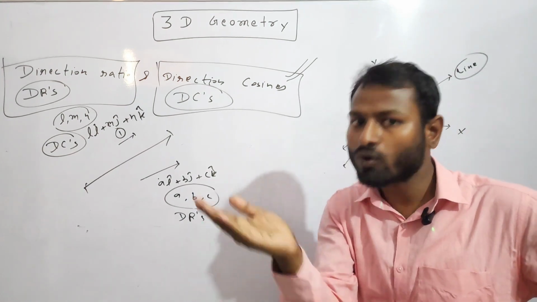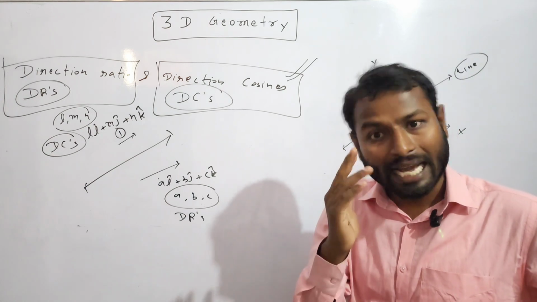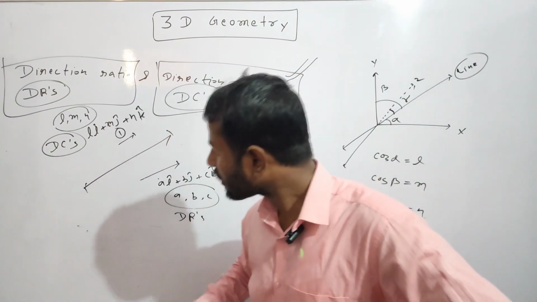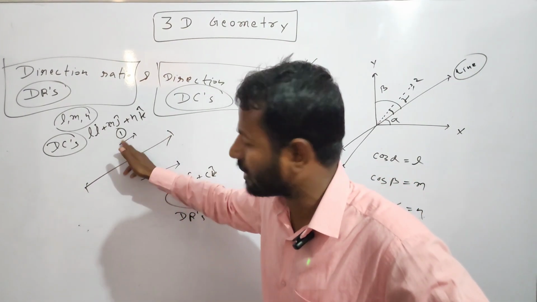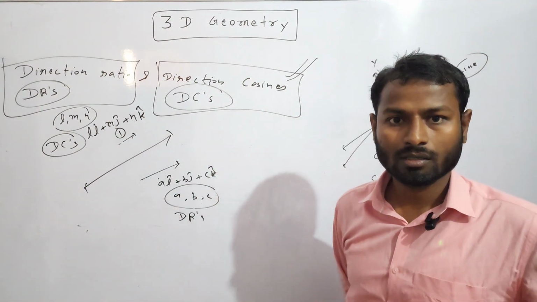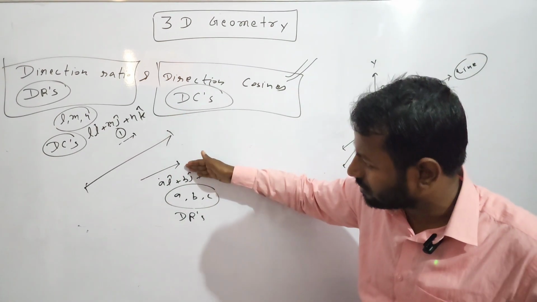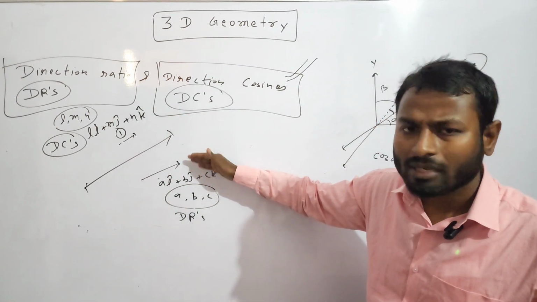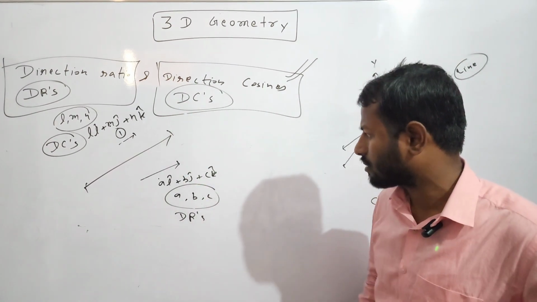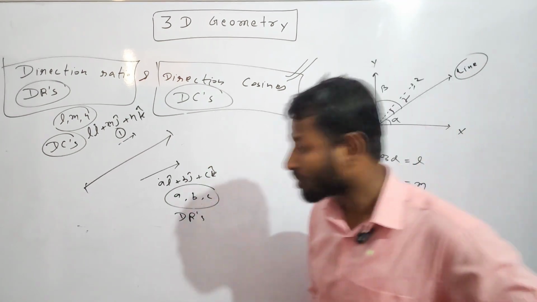The coefficients of i cap, j cap, k cap of that unit vector are the direction cosines. For a vector parallel to the line, its magnitude can be anything, so the coefficients of i cap, j cap, k cap are the direction ratios.